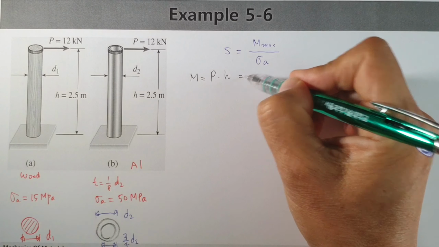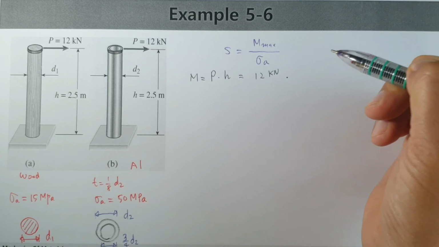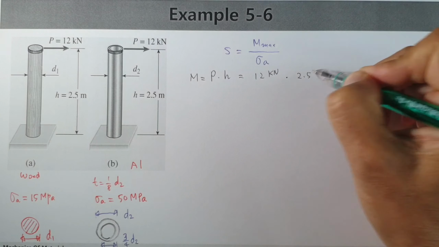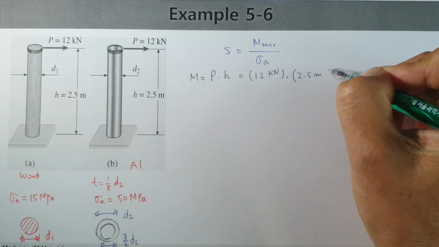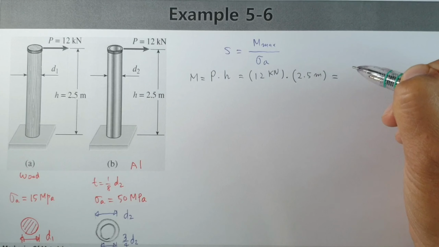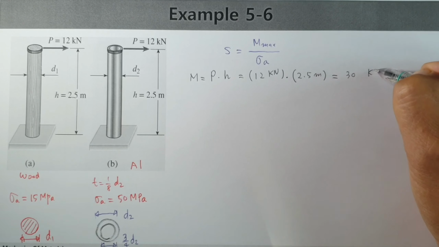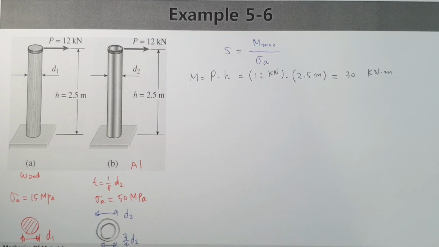We can say 12 kilonewton multiplied by H, 2.5 meters. Then this one is 30 kilonewton meter. That's the value.